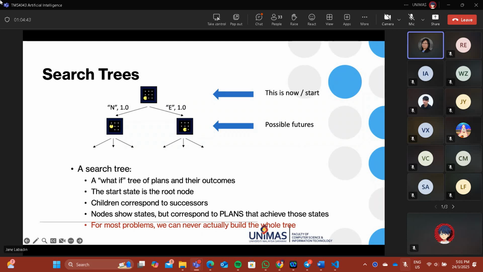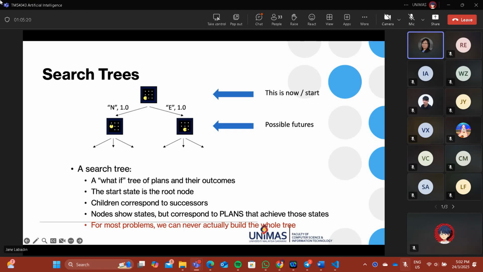So a search tree is where you put out all the branches that you may take after your successor function, and then you can plan using the search tree and use that to find out your outcome. The start state is the root node, as I mentioned just now, and the children correspond to the successors.